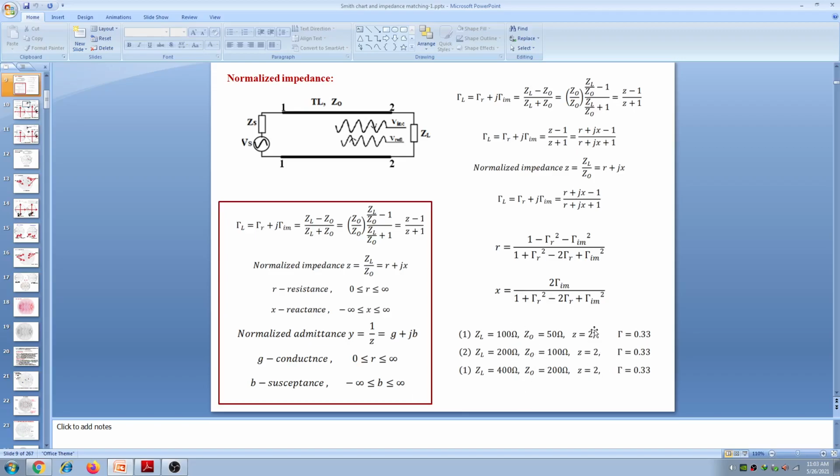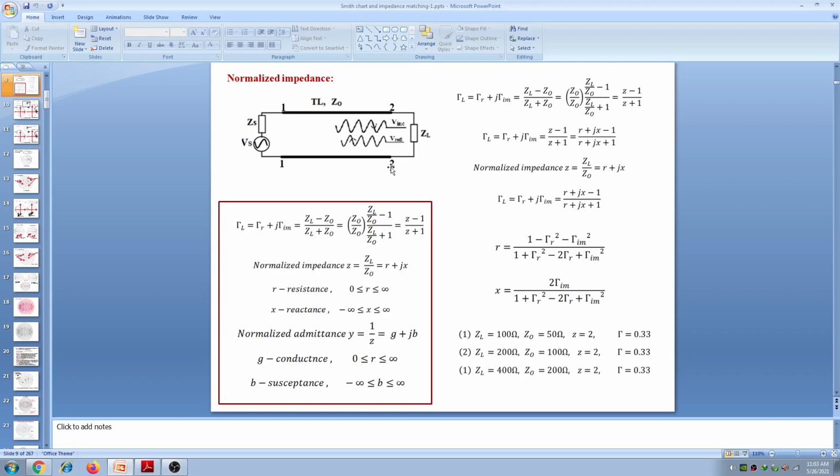So if the normalized impedance is the same, the reflection coefficient remains the same. If you measure the reflection coefficient for all these combinations of ZL and Z0, it remains the same, that is 0.33 only.